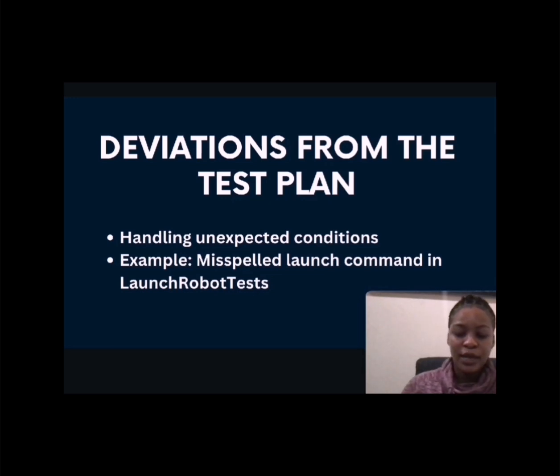For instance, in a launch robot command test, we might test what happens if the launch command is misspelled. By documenting this deviation, we can identify areas where our plan might need to be adjusted, and also ensure that our system can handle errors gracefully. So this process helps us to improve our overall test plan.